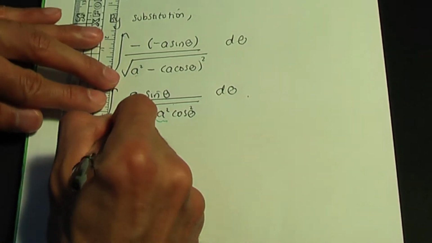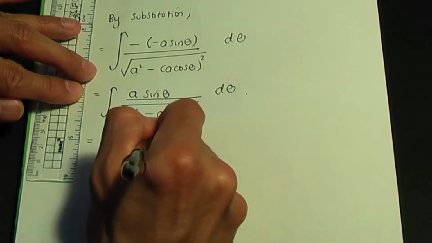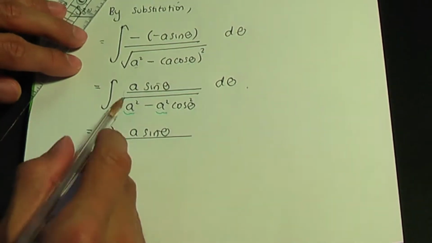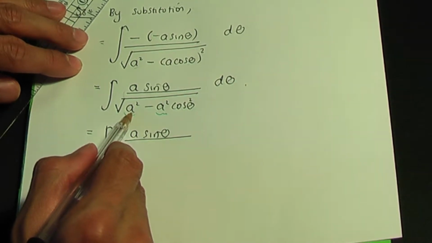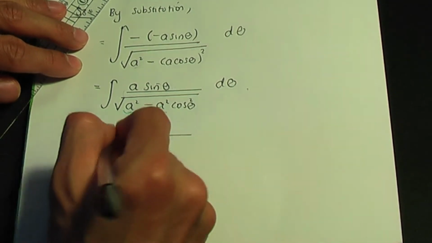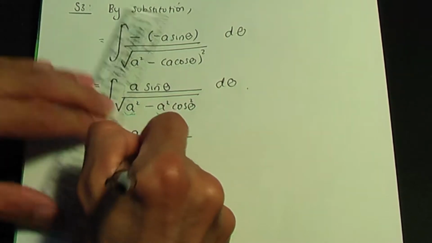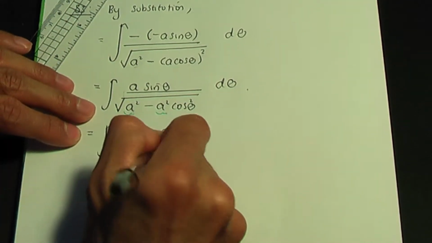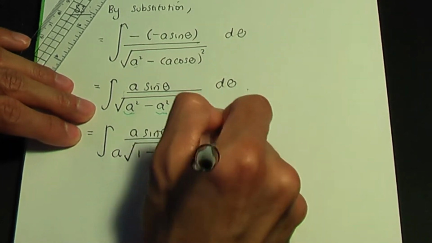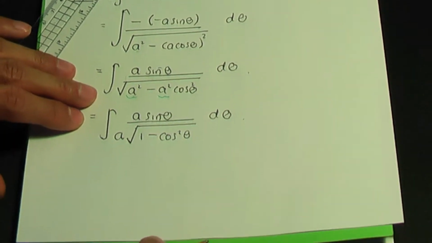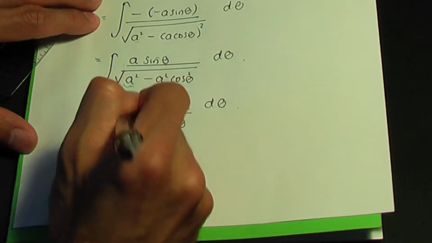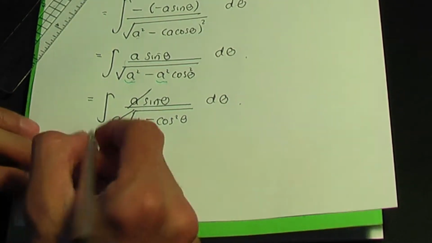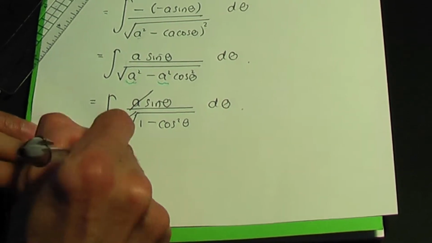So I'm going to have, as a result, integration of a sine theta on top divided by, taking a squared as a common factor out of the square root, that will give us a, root of a squared is a, and we're left with 1 minus cos squared theta. By doing this, the a's in the numerator and denominator will cancel, and this takes us to step 4.